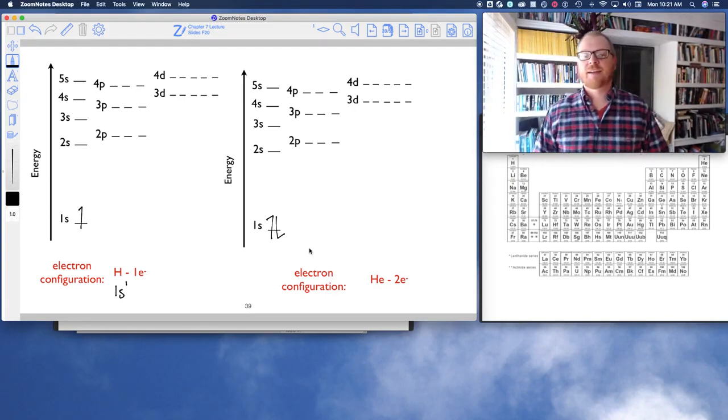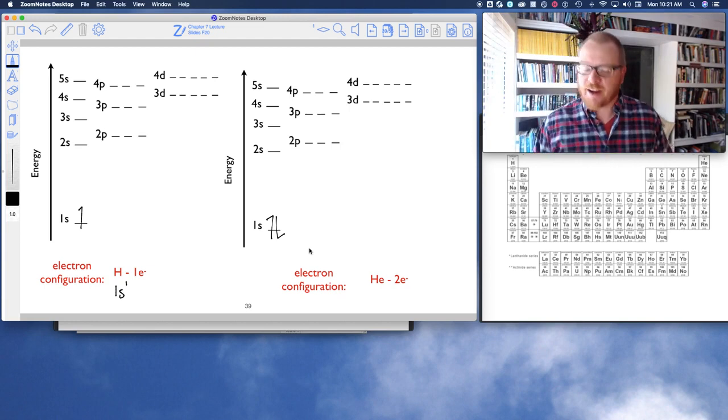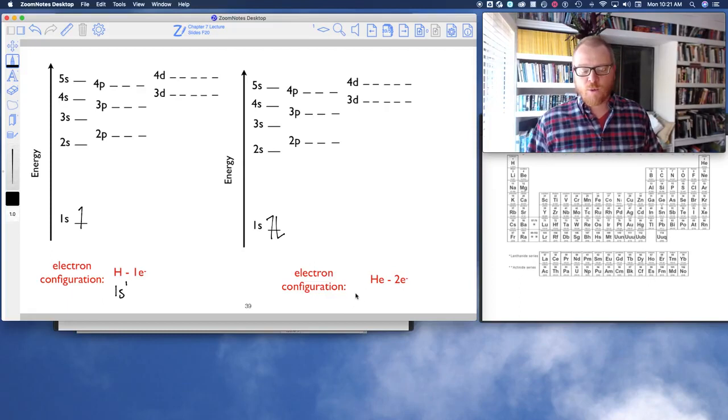We will see that's what the noble gases have in common. They have all paired up electrons, okay? And so now the electron configuration for helium would be 1s2. The 2 means 2 electrons in the 1s orbital. This is helium's address, 1s2, okay?